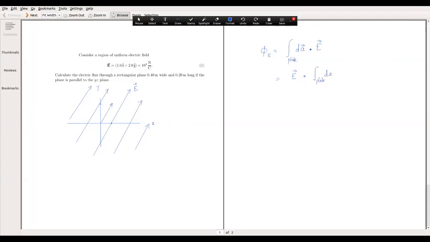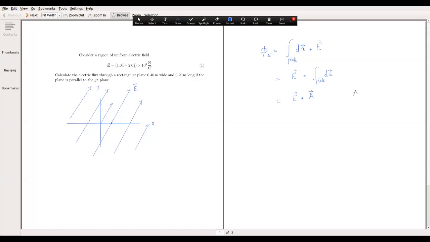Area again being a vector, which I will describe very soon in this picture. So the integral over a differential area with nothing else in it will give us the total area. So this will be equal to the electric field dotted with the total area.